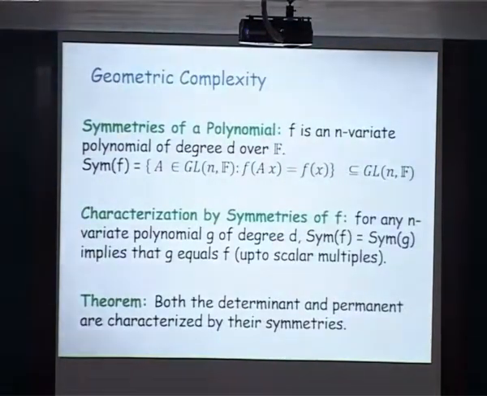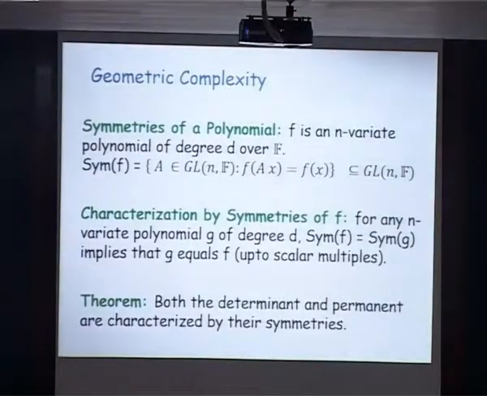But you could do something more. You can multiply a variable by, say, 2 and another variable by half, and the product remains the same. And it turns out that if you have a monomial that is a product of distinct variables, these are all the symmetries of that polynomial.